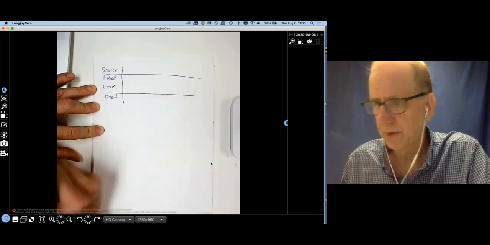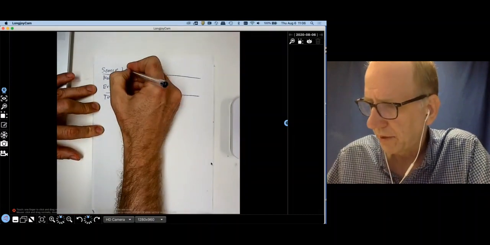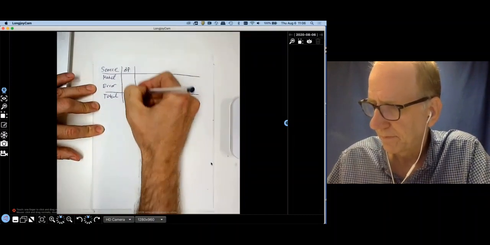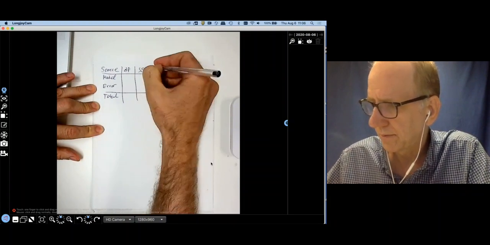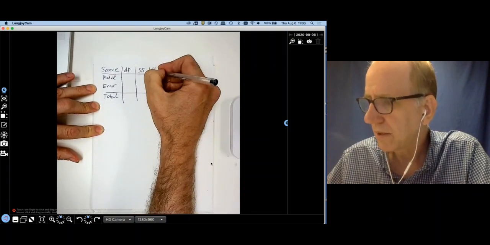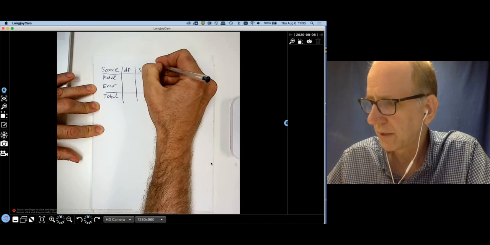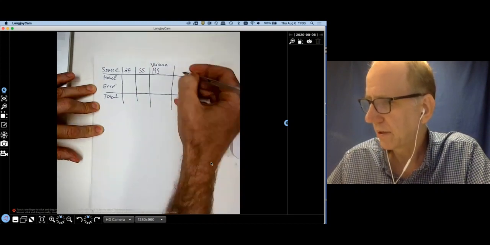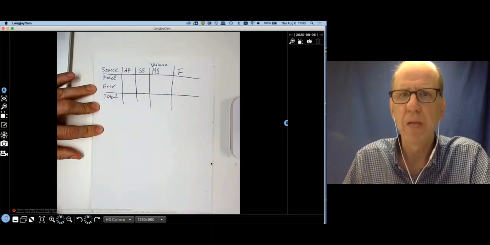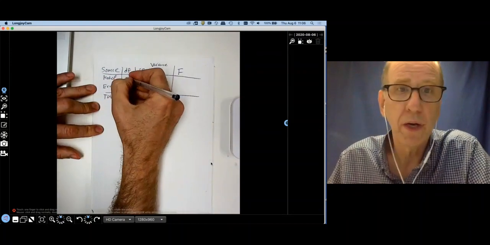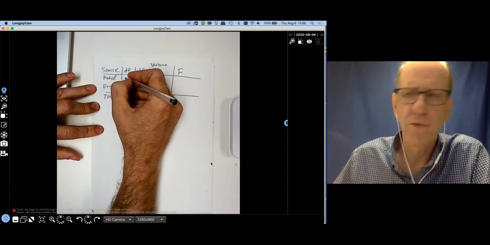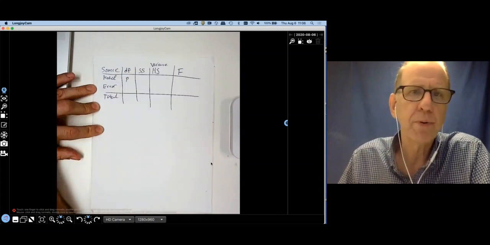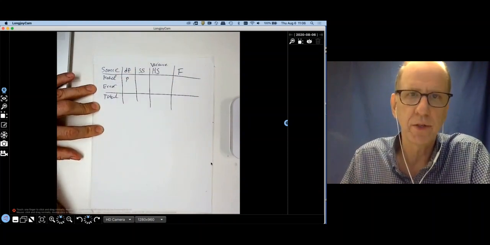And so an ANOVA table looks like this. We have our degrees of freedom, our sums of squares. We have the mean squared. Think of this as the variance. And then finally you get your F statistic. And so let's assume that we have a regression or ANOVA model with P parameters plus an intercept.